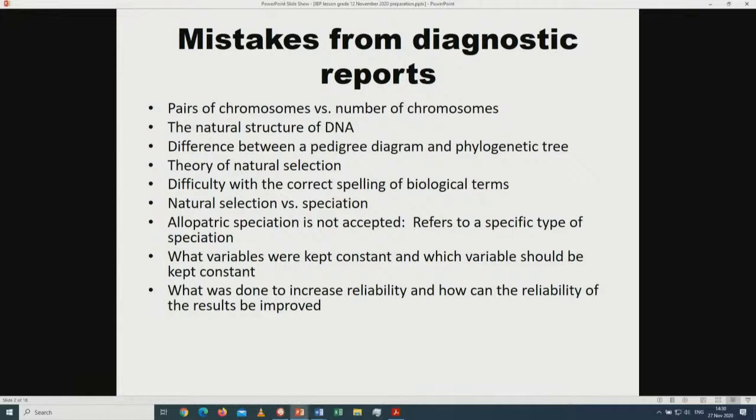This is different from a question that will be phrased in a way such as how can the results of the investigation be improved, or how can we increase the reliability of the investigation. So how the question is phrased, you must be very careful about that in applying your answer.